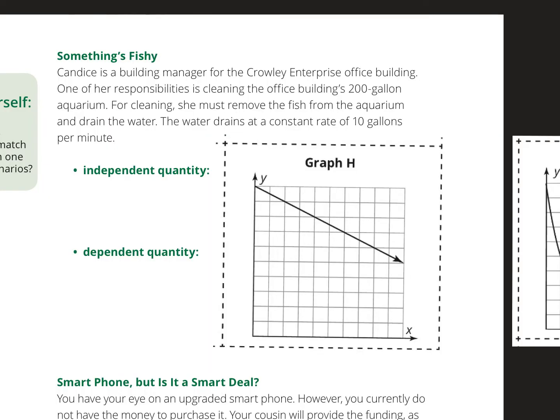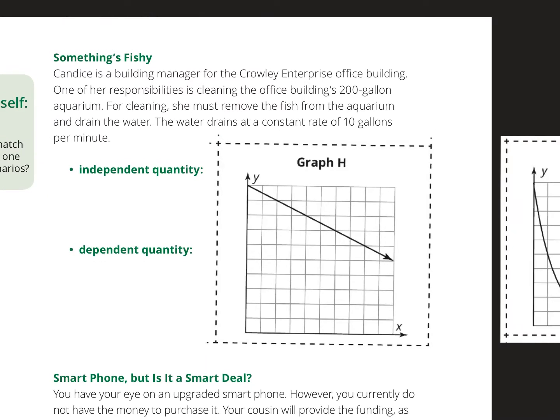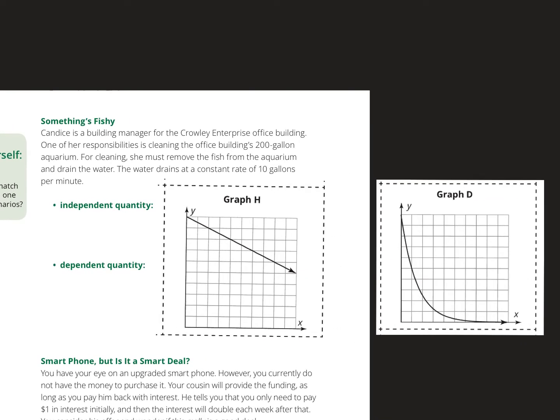Something else that I wanted to point out to you, so on the fish tank example, remember in class we talked about even though both graph H and graph D represent an amount that is decreasing, the reason it was graph H instead of graph D is because of this part right here where it says the water was drained at a constant rate.